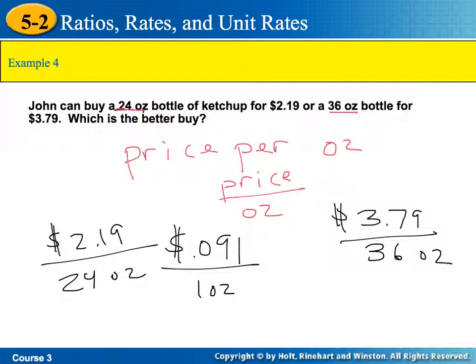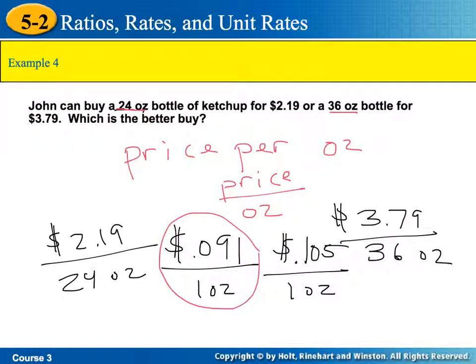This one, I get 0.105 over 1 ounce. Which one's cheaper? Which one's the better buy? This guy right here. The 24-ounce bottle. That's my better buy right there.